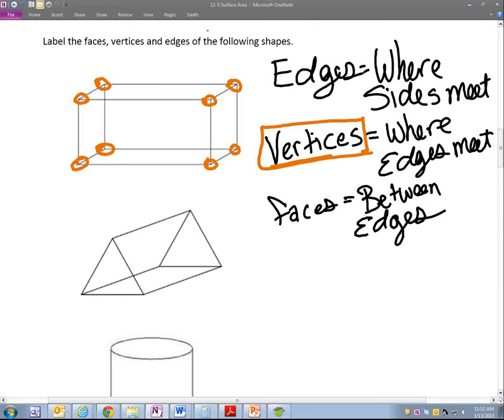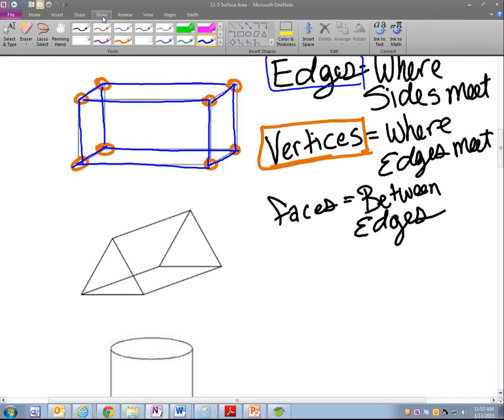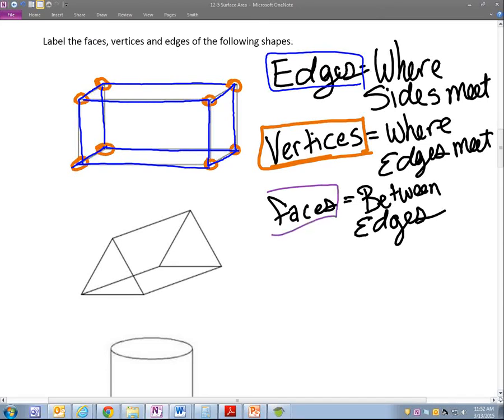Then we have some edges. The edges are blue. And then we'll do purple with faces.